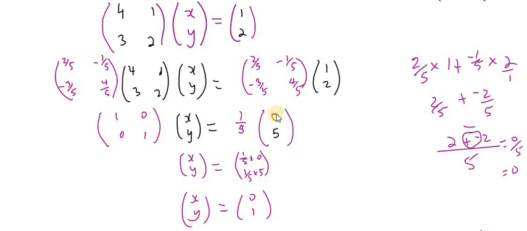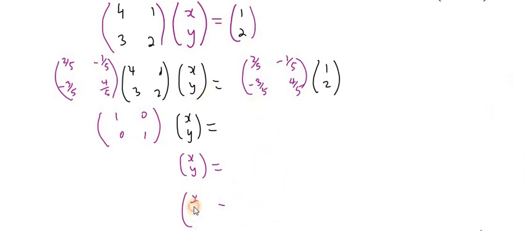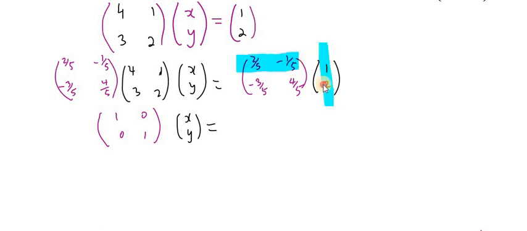And also, for this side here, let's work out this side, because we did change the appearance of the inverse. So let's look at that. For this side here, what we'll do is multiply row by column.